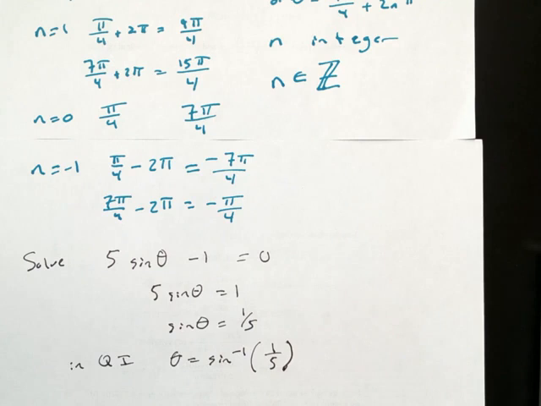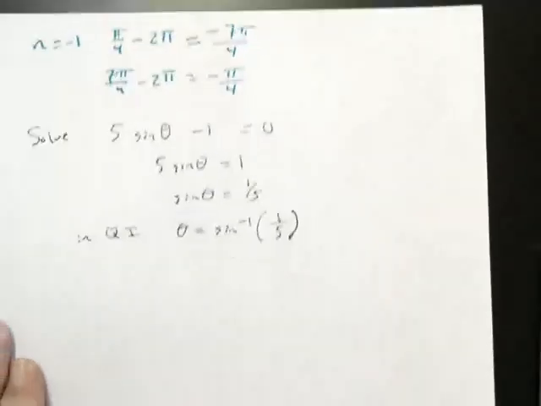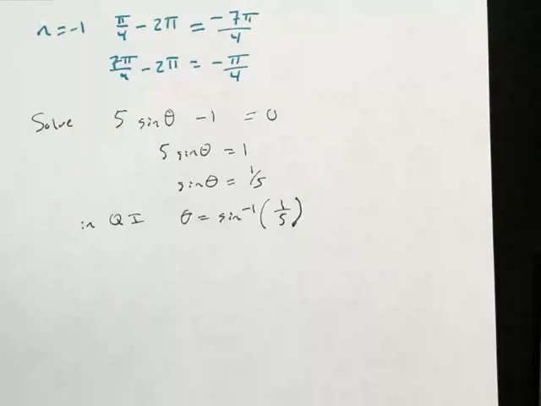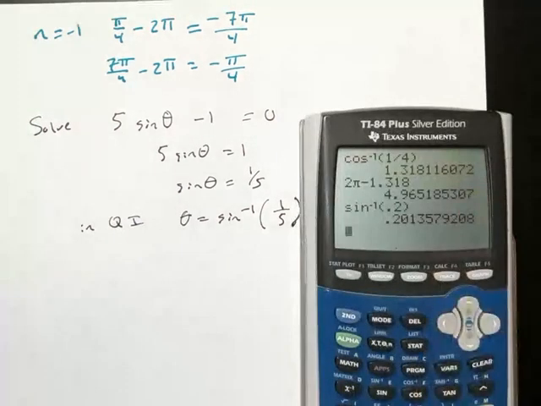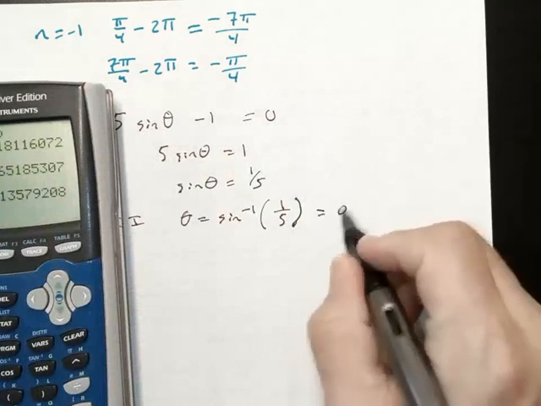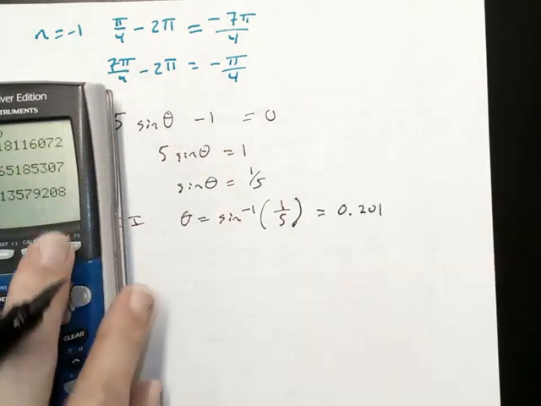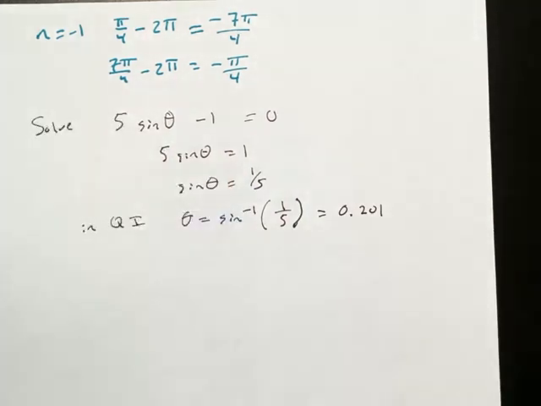And again, I want a radians answer. Which is an ugly decimal. Okay. I will learn to live with my disappointment of ugly decimals. 0.201, good enough. I was only going 3 decimal places so far.